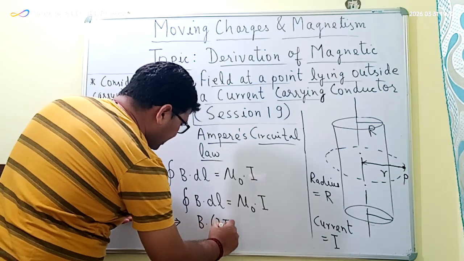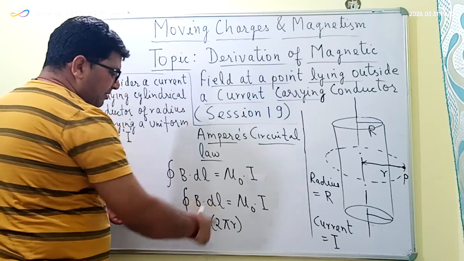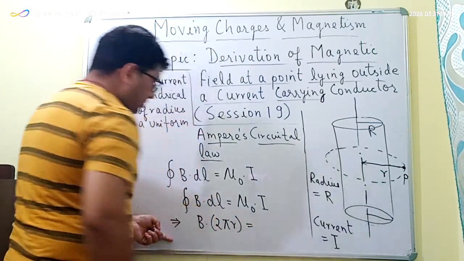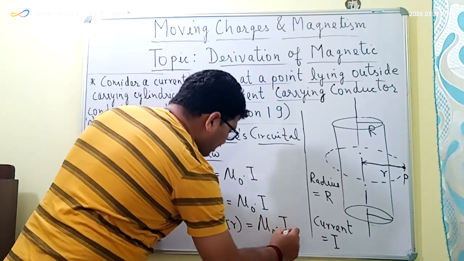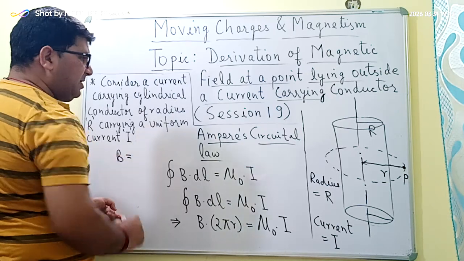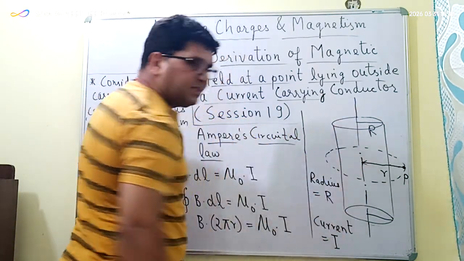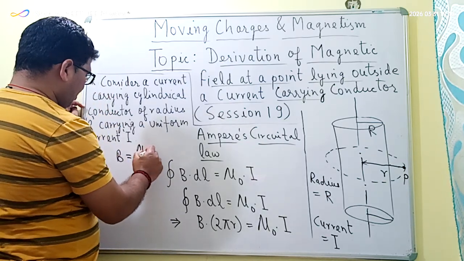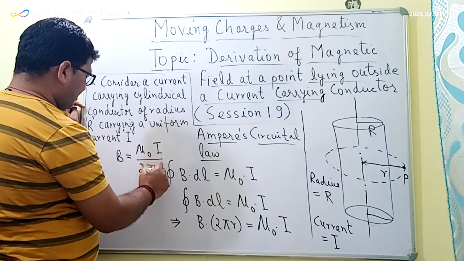So this equation can further be written as B times 2 pi r, and so from here the magnetic field at this point P, which is at a distance of small r from the axis of this current carrying conductor, will be equal to mu naught I divided by 2 pi r.